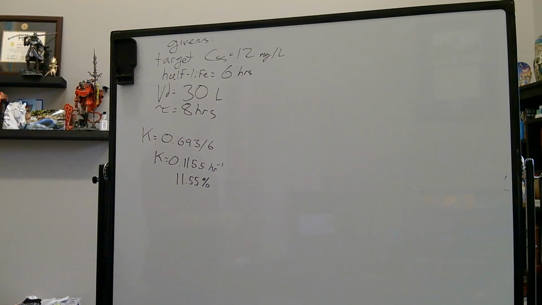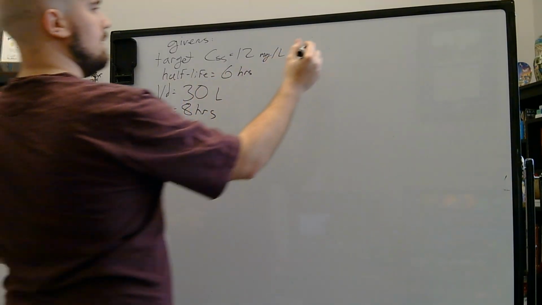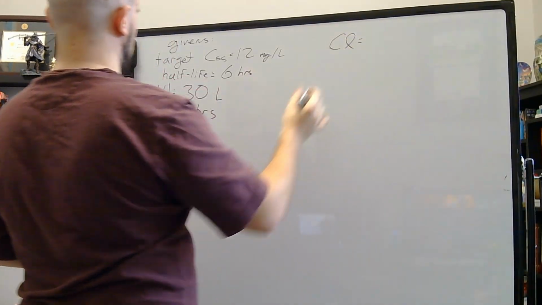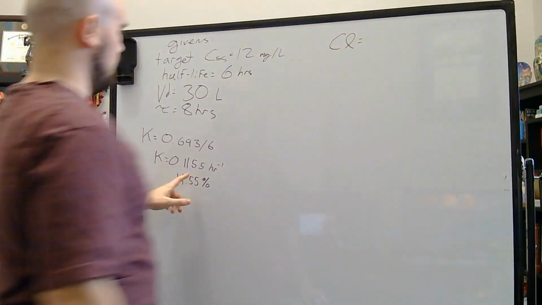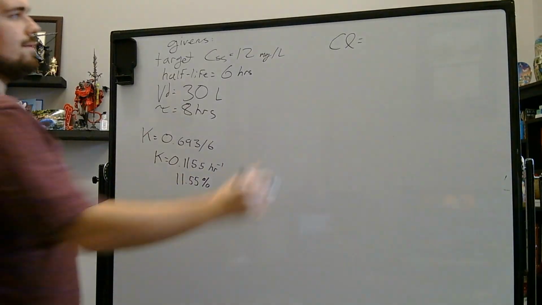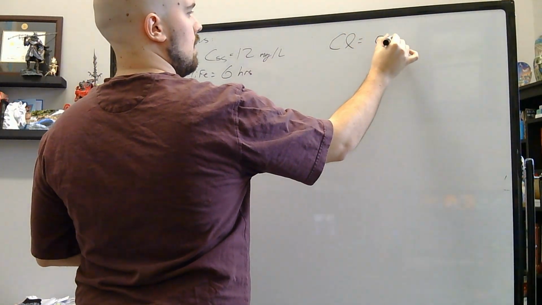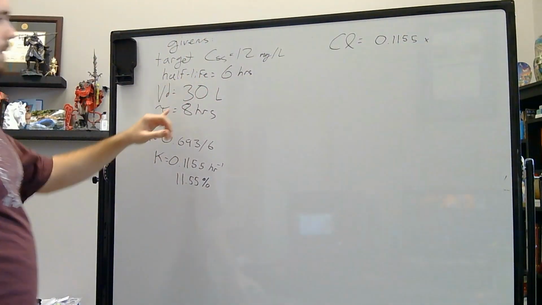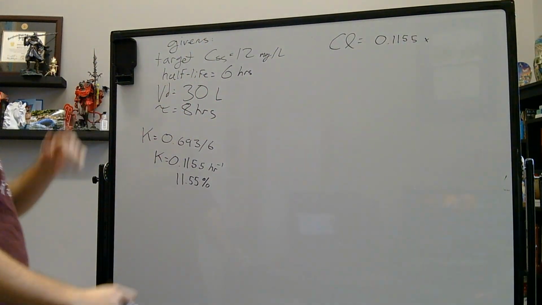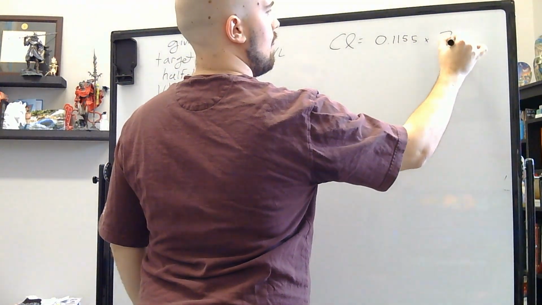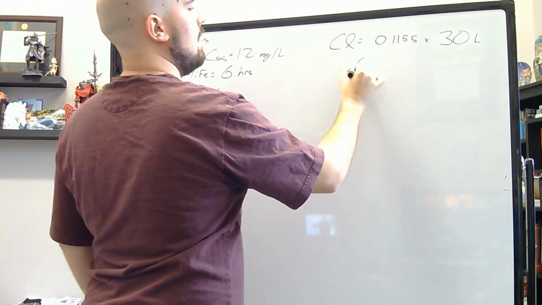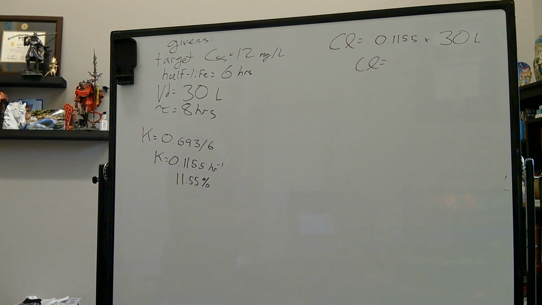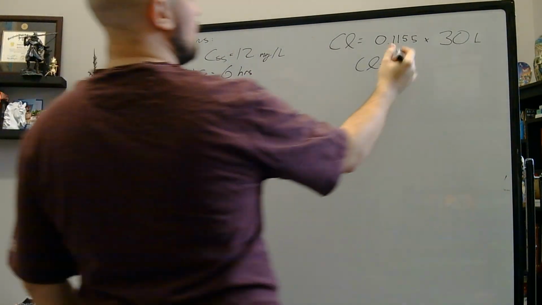I can now calculate the clearance of this. So clearance equals the elimination rate constant, 0.1155, multiplied by the volume of distribution that we were given of 30 liters. That will give us a clearance of 3.47 liters per hour.